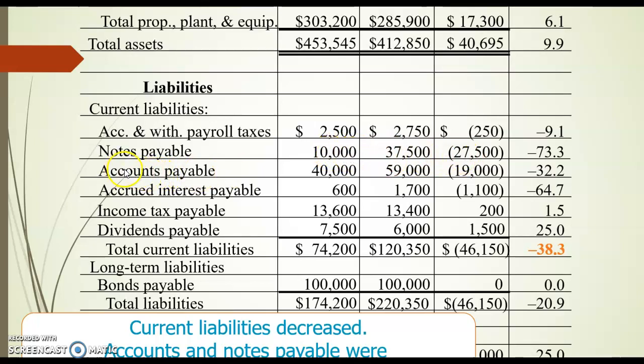Okay. The accounts payable also went way down. So this could mean that we're buying less on account, or it could also mean that we're paying it off quicker, earlier. So we would want to take a look at what's happening there.